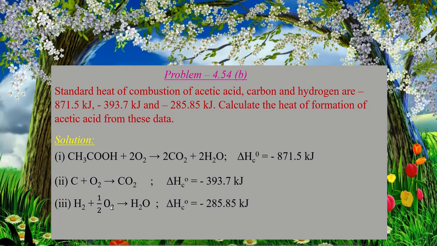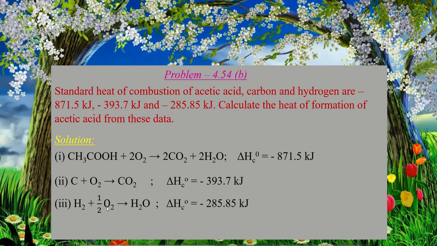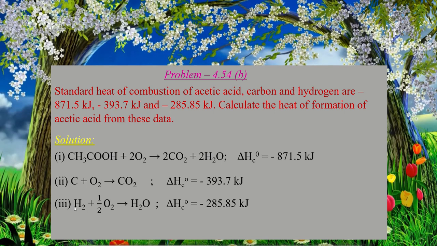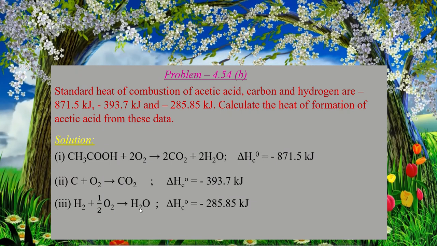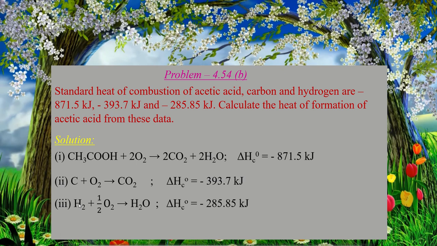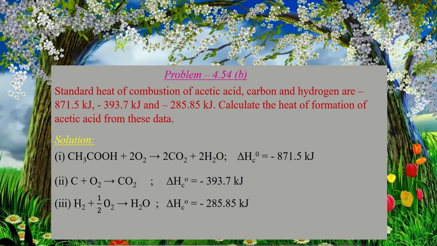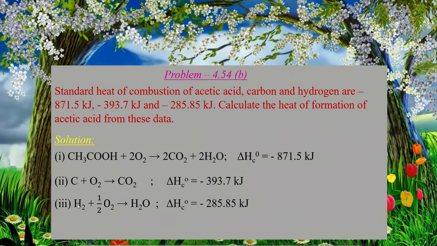Look, here I have written hydrogen plus half O2, because when you balance the reaction it will be 2H2 plus O2 and the water will be 2H2O. But for 2H2, the heat of combustion of hydrogen means you have to combust 1 mole of hydrogen.